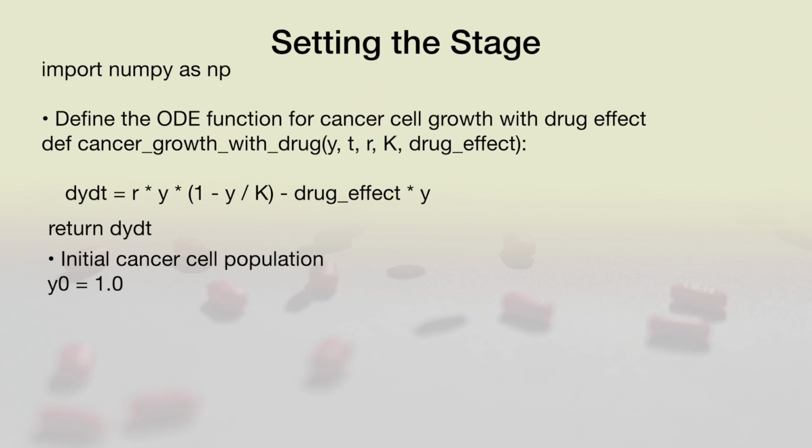We will call it y naught, y0, whatever you want to name it. You can name any variable as per your convenience, but it is a standard format that we generally use. That is why I have written y naught is equal to 1.0. So it is the initial cell population.